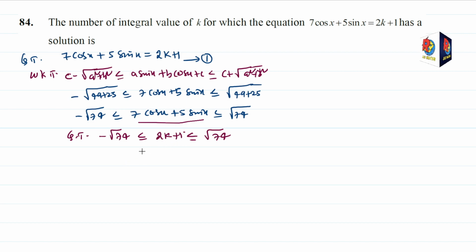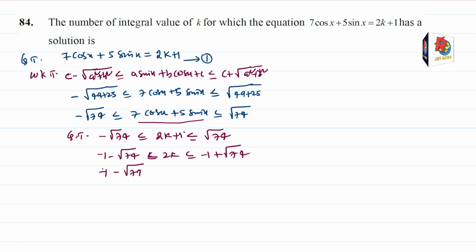We need to subtract 1, so minus 1 minus root 74 is less than or equal to 2k is less than or equal to minus 1 plus root 74. Dividing by 2, minus 1 minus root 74 by 2 is less than or equal to k is less than or equal to minus 1 plus root 74 by 2.